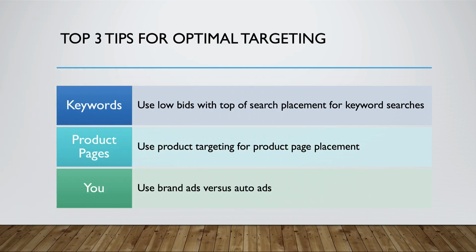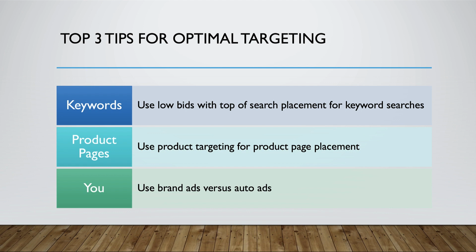So some ways to work around this is to use low bids in conjunction with top of search placement at a higher percentage. And this will give you the potential to win if you're going to be at the top of the search, but you're less often going to show up on product pages because your bid is so low.